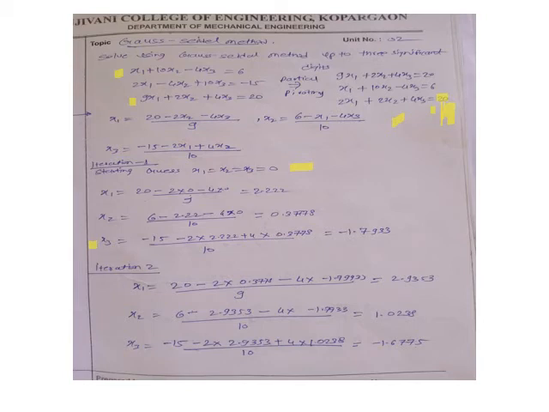In iteration number 2, you will use the value of x1, x2 and x3. Okay. So in iteration number 1, while calculation of x1, you will use the value of x2 and x3, the previous value of x2 and x3 which you have calculated in the previous iteration. While calculation of x2, you will use the current value which you have calculated for x1 and the value of x3 which you have calculated in the previous approximation.